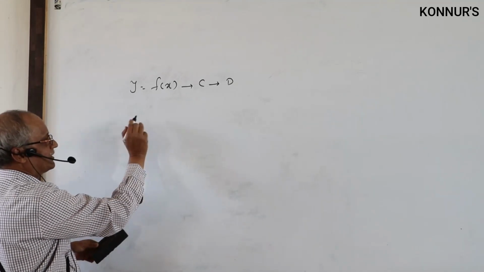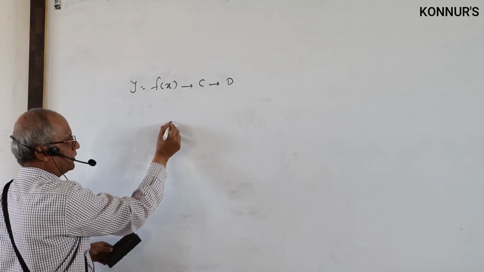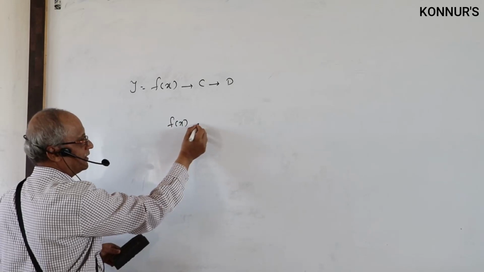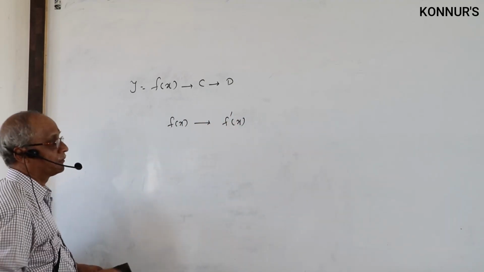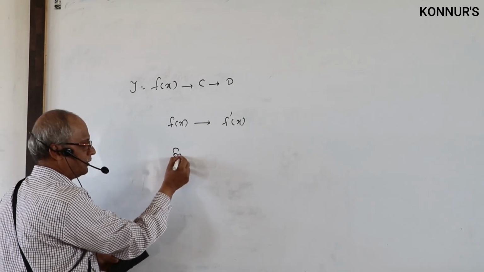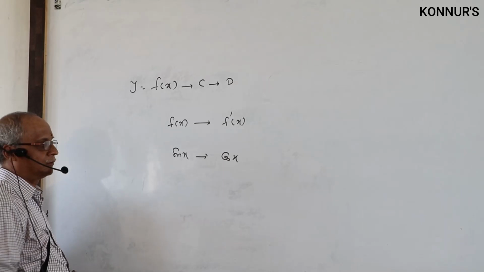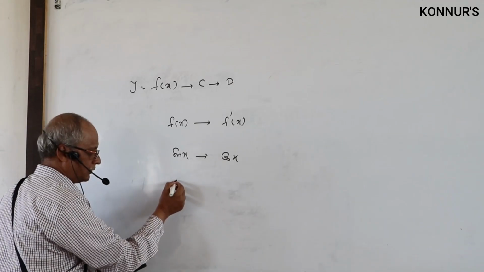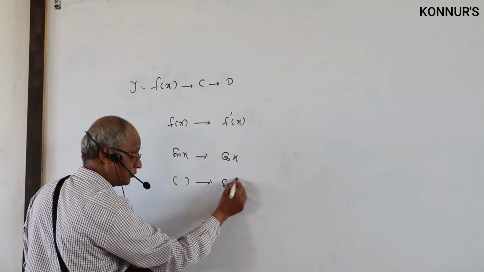What is that reverse process? Suppose the derivative of f of x is f dash x. For example, the derivative of sin x is cos x. A function whose derivative is known.